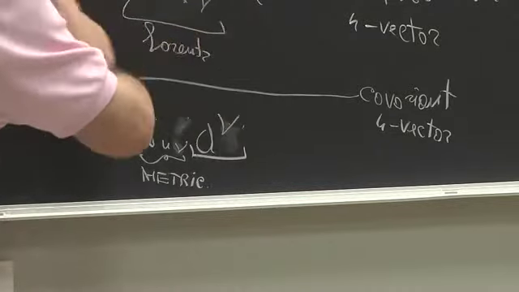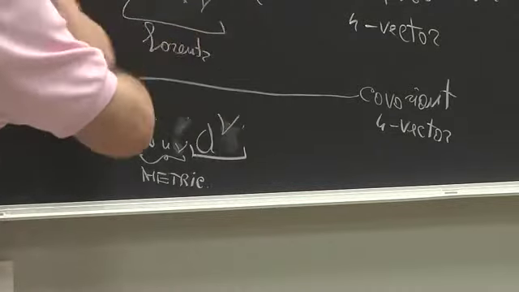Because basically this is 1, minus 1, minus 1, so you have a0 square minus a1 square minus a2 square minus a3 square. When the indices are crossed, it means the Einstein convention, they are summed.